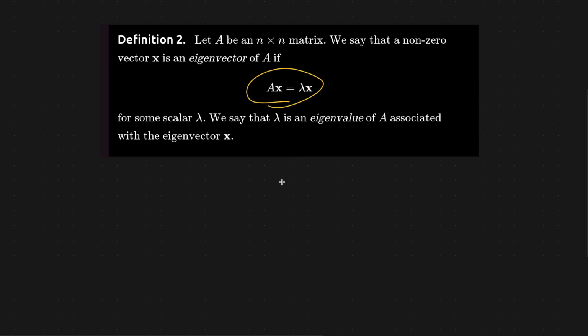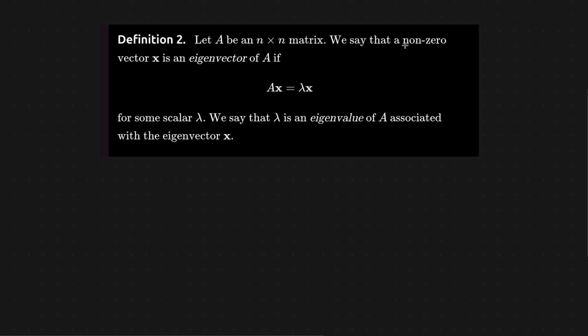What this is saying is, in the special case that x is pointing in the same direction along the same line, it's just a scalar multiple of what we had to begin with, we call that vector an eigenvector of the matrix. And the scalar multiple that goes with it is the eigenvalue.